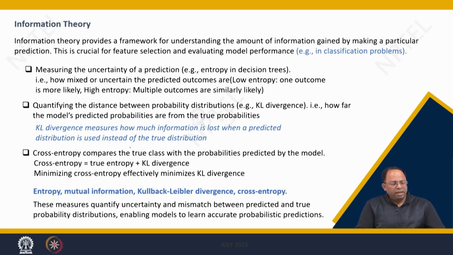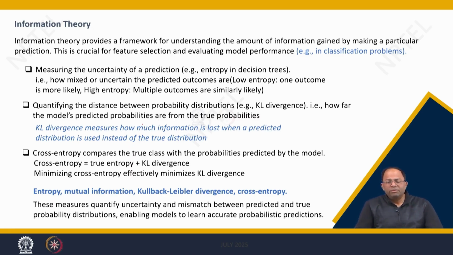That means if I categorize using a certain variable, and this results in less entropy or less variability in the results, then obviously this is a good feature which we can use for prediction.